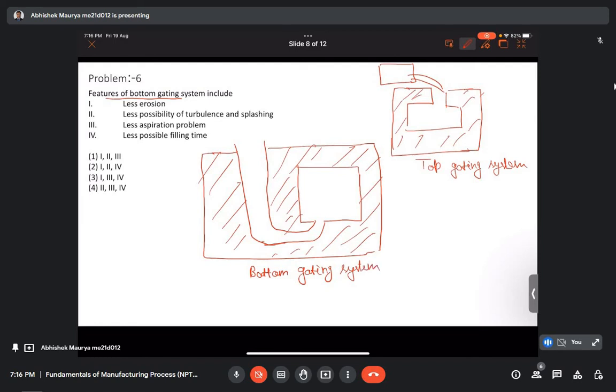There are others also, like the parting line gating system or the stepped gating system, but if we can understand these two, then it will be sufficient for this question.